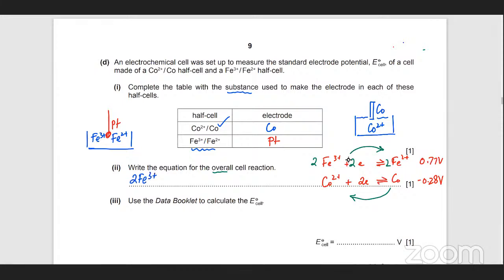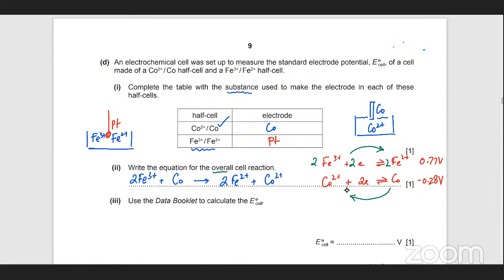And in the second half equation, the reactant is cobalt. And what are your products? In the first one, the product is 2 Fe2+. And in the second one, the product is cobalt 2+.